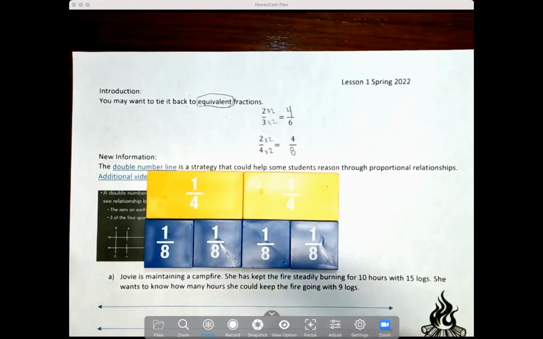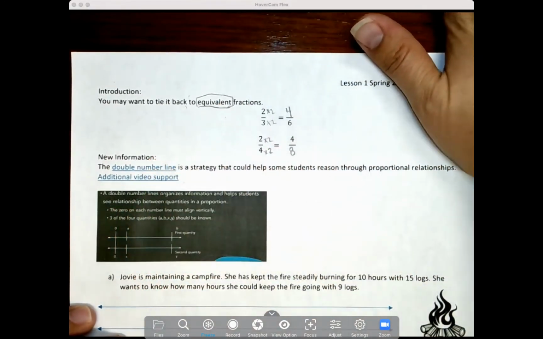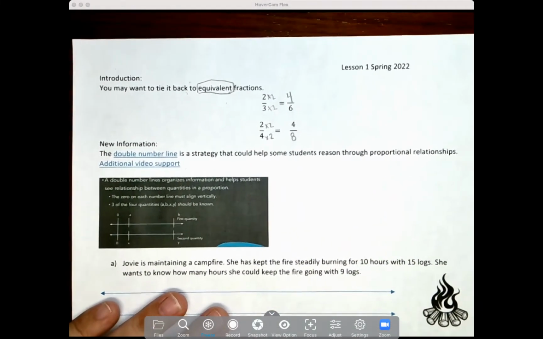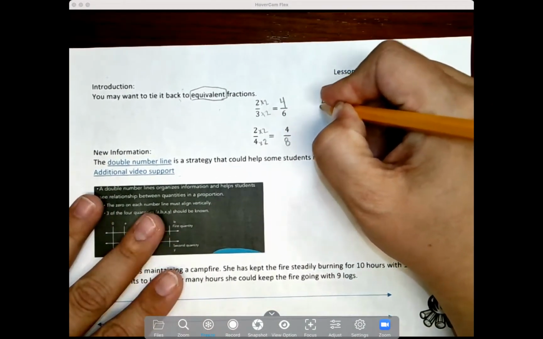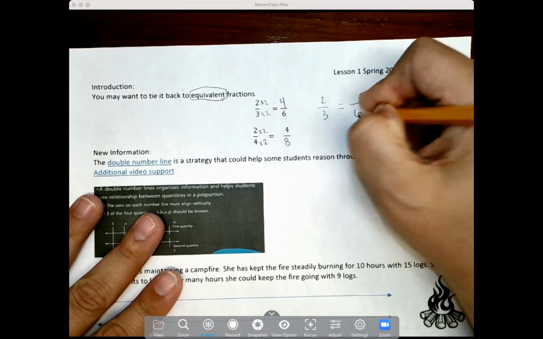Proportions are really just equivalent fractions, and they build off of that idea. The students oftentimes will also use something they call the butterfly method that somebody at some point taught them.